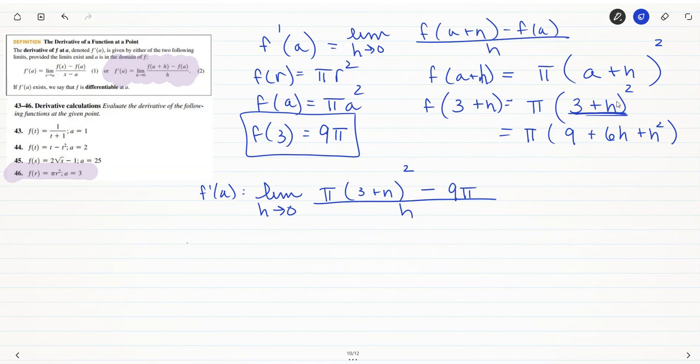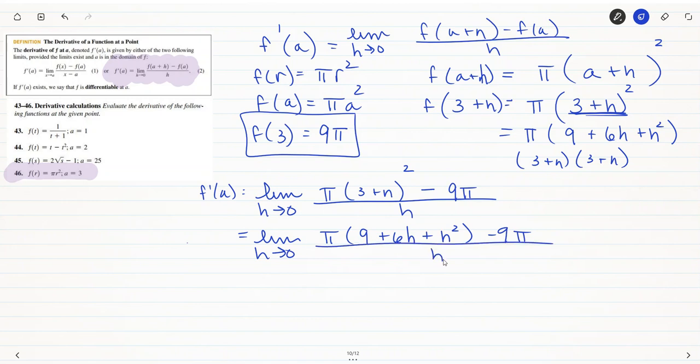So the square of a sum is equal to the first term squared plus 2 times the product of the two terms plus the second term squared. You could also, if you're not convinced of that, try foiling it and you'd get the same thing. But what we have is the limit as h approaches 0 of pi times 9 plus 6h plus h squared, minus 9 pi, all over h.